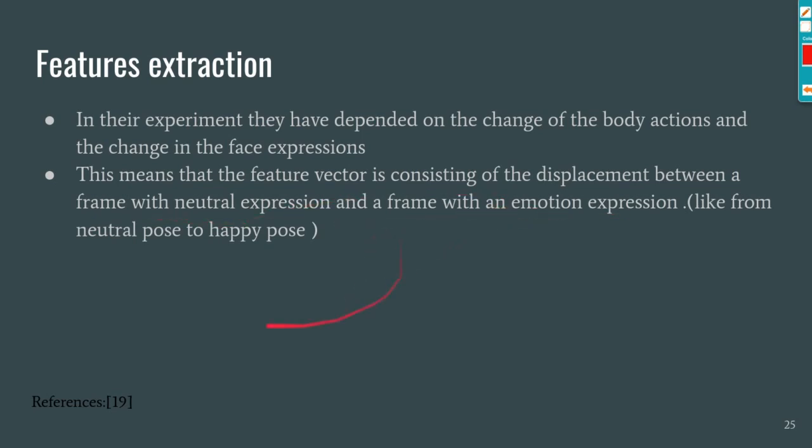You have a neutral pose if you are just standing, and then you begin to be happy or excited, and you raise your hand up. So they tried to calculate the displacement between the first frame, which is the neutral pose, and the second frame, which is the happy pose. There is a change, so they are trying to calculate the displacement.